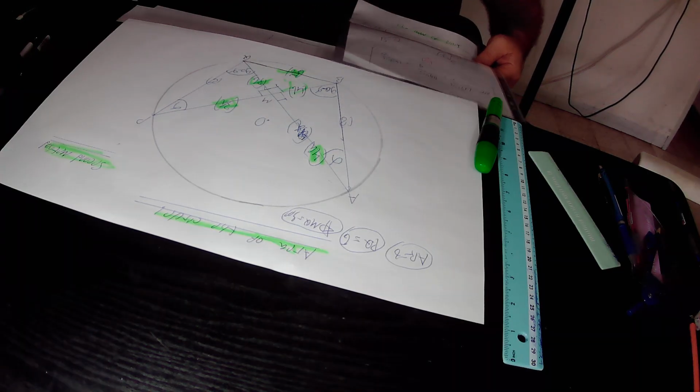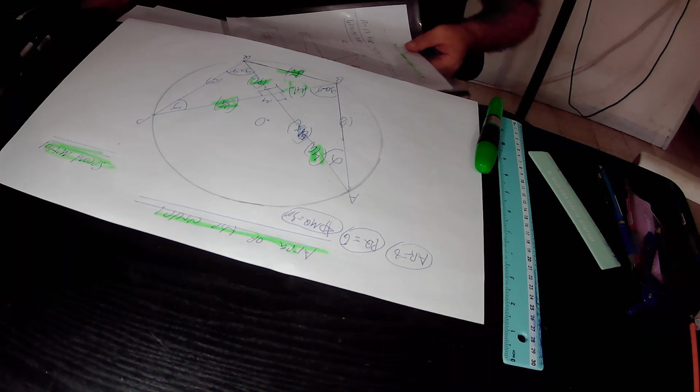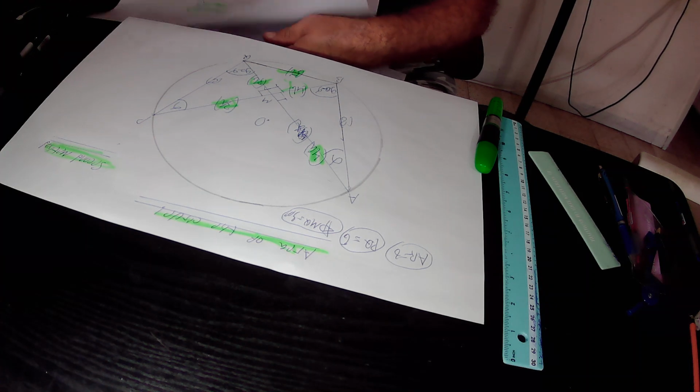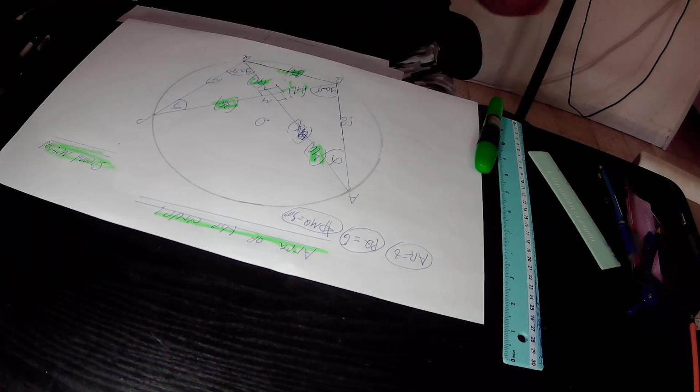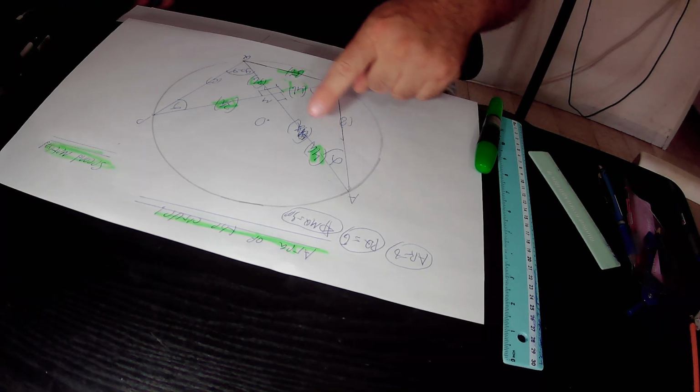So we can implement the law of sines in our drawing, because the law of sines is true in any triangle. Therefore we can implement it in this triangle, triangle ABQ.